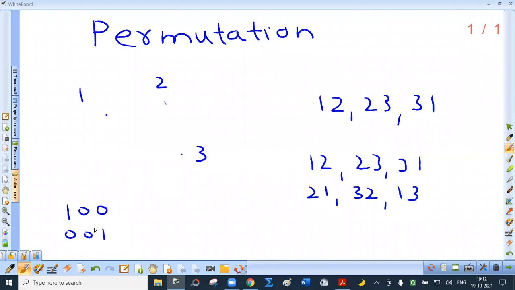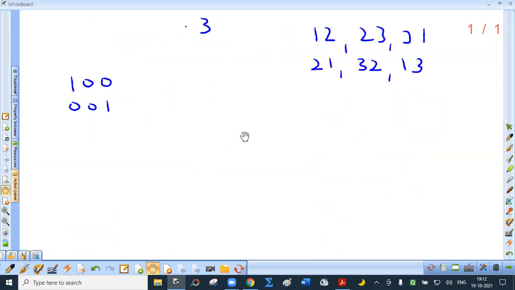No, because here order is important. So if the order is important, it is a problem of permutation, and if order is immaterial, this is just selection, then it is called combination. So I repeat, in case of permutation, order is important, and in case of combination, order is not important, order is immaterial, because this is just selection.